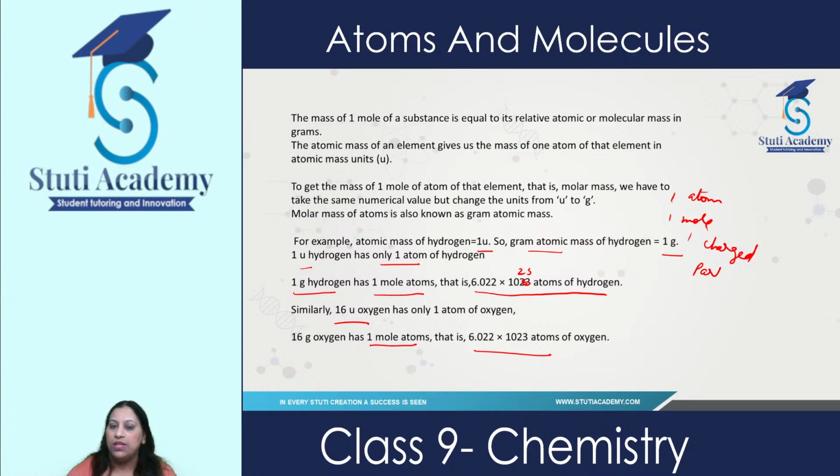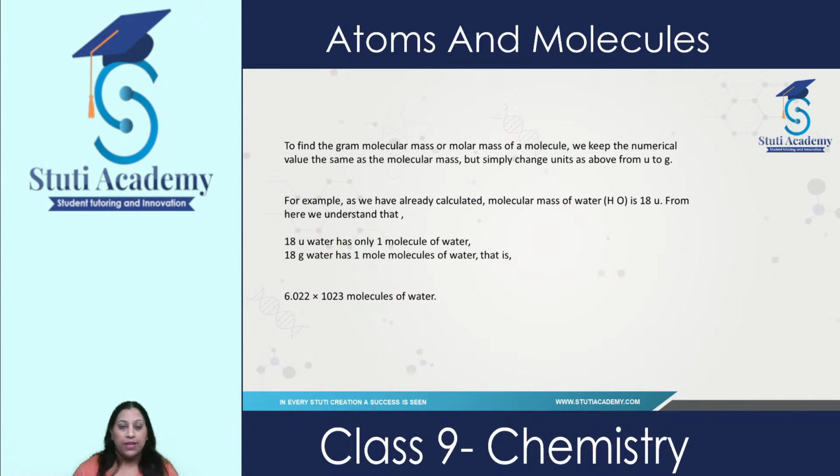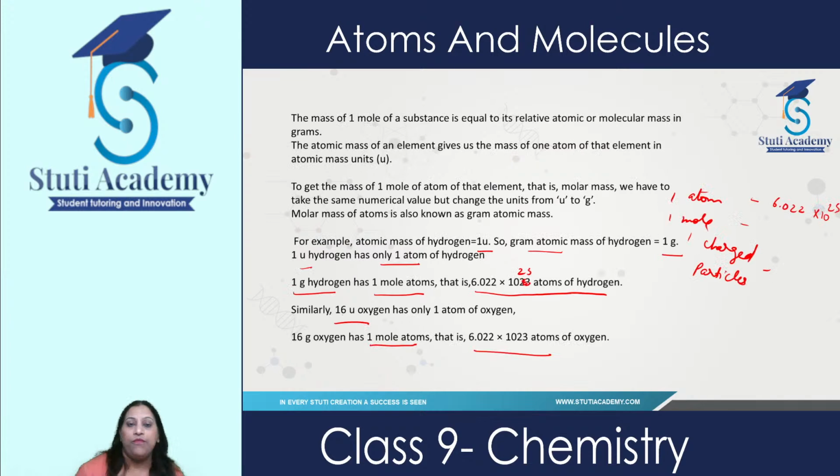This particle can be cation, anion, or anything, and it is always equal to 6.022 into 10 raised to power 23. So till here, I think it's clear. And how can we calculate this?